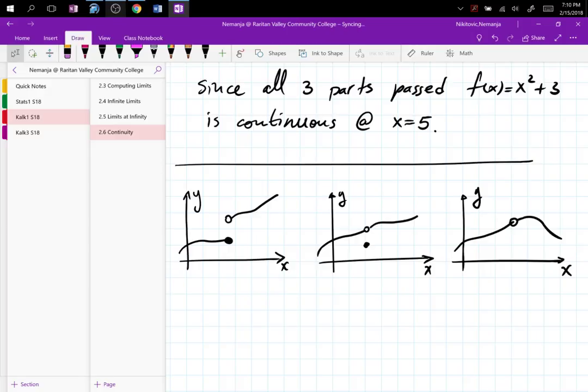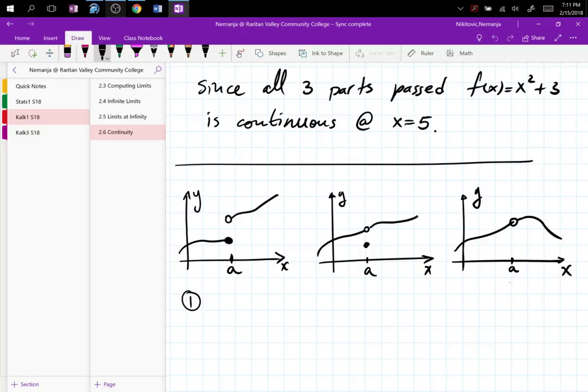So let's go with the first picture. Which rule is violated? Rule 1, Rule 2, Rule 3? Well, let's go with Rule 1. Rule 1 says the function value at a has to exist. Do we have f of a in the first picture?